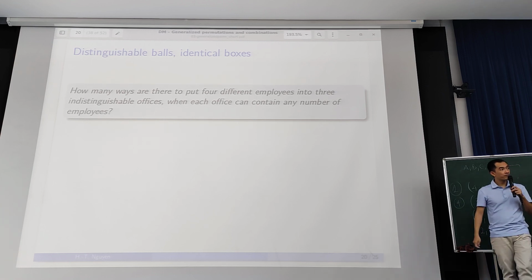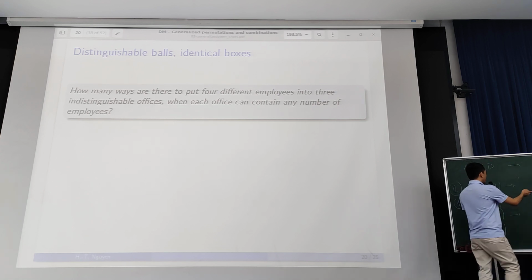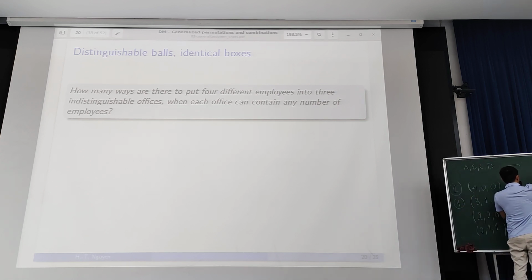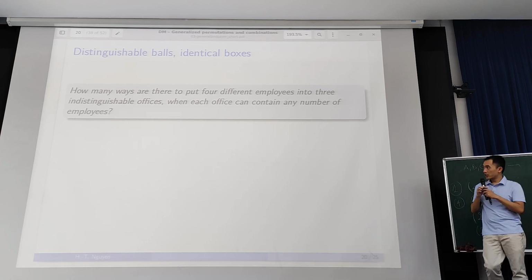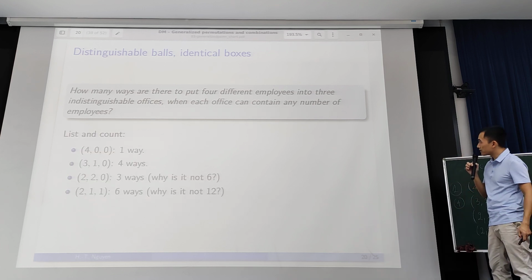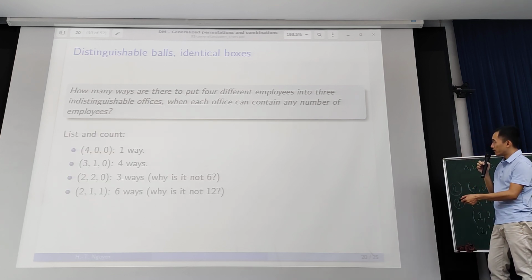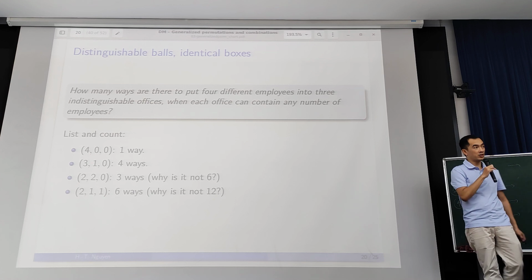If you only count the number of ways to choose 2 people for the first one, then you put the 2 others in the second one, then you have 6 cases. But there will be repetitions because basically AB and CD are the same as CD and AB. So in fact, if we list all the possibilities, then we have only three ways, but not 6.